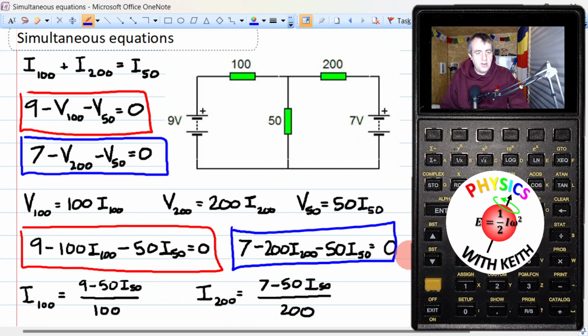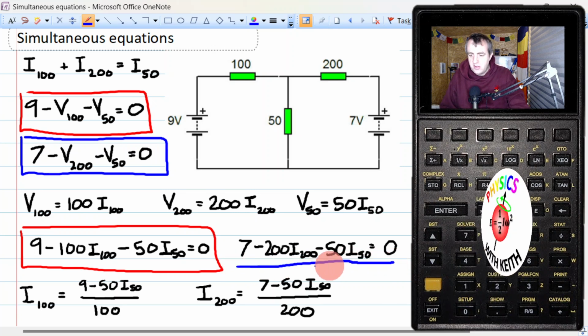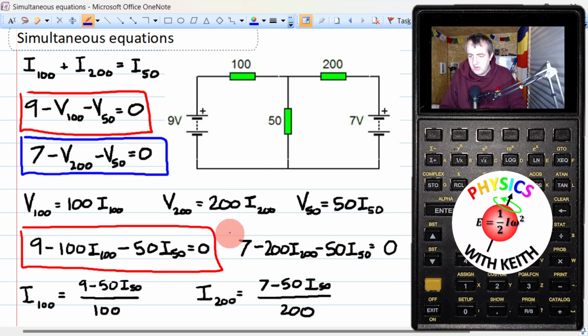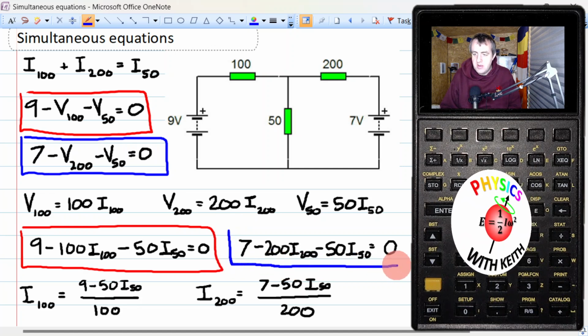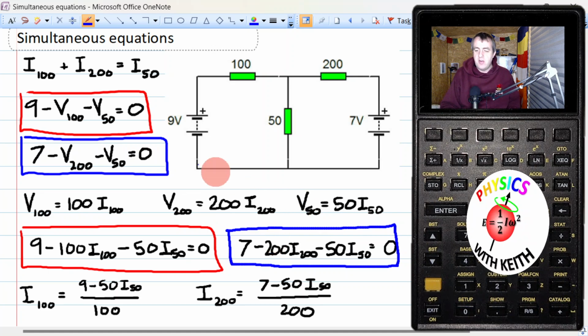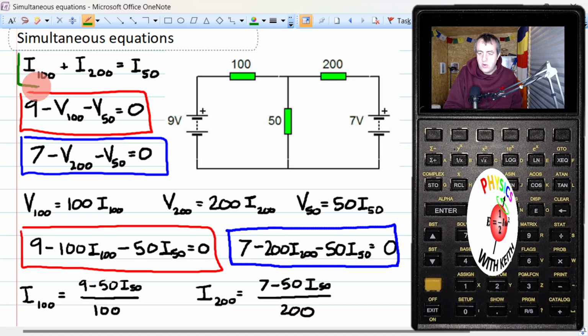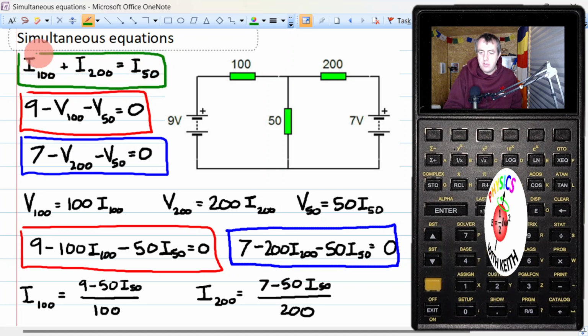Okay, fine. So we've got two equations now, but there's still three unknowns in those two equations. With simultaneous equations, you can only solve them if you have the same number of equations as unknowns. Well, we have, because we've also got this equation all the way up here, which we've kind of forgotten about.